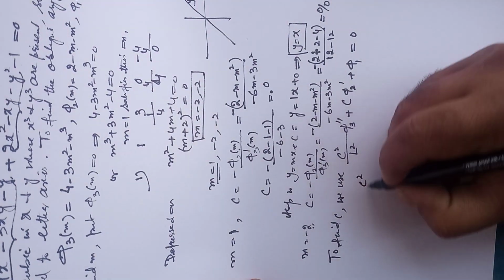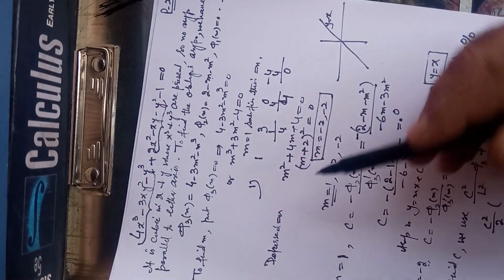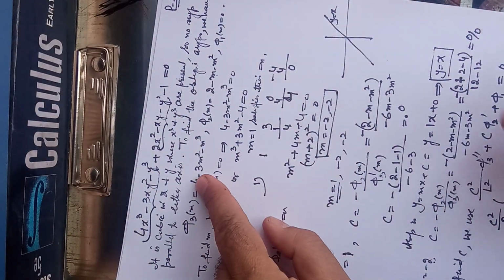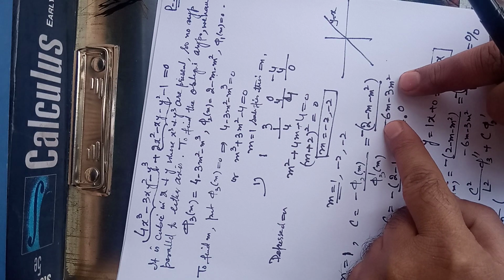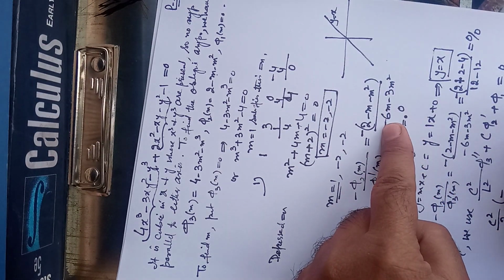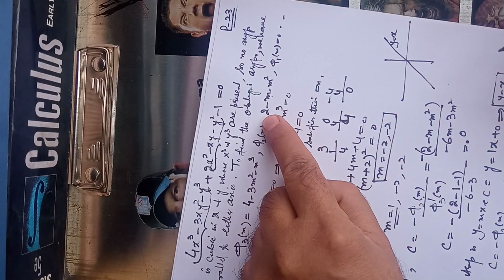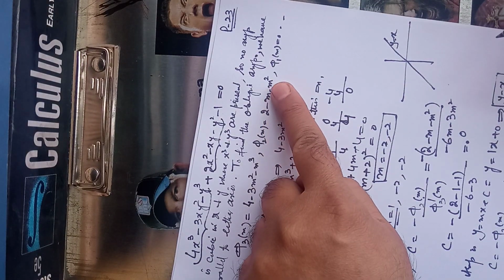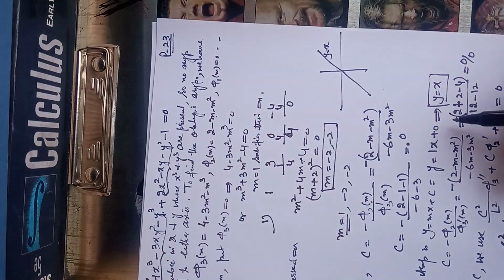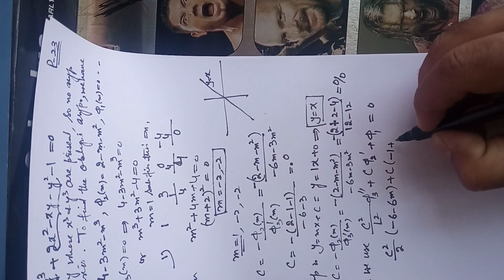Now c square by factorial 2 is c square by 2. Phi 3 double dash: see, this is your phi 3, this is your phi 3 dash, minus 6m minus 3m square, and phi 3 double dash will be minus 6 minus 6m, plus c phi 2 dash. This is your phi 2, 2 minus m square. So phi 2 dash will be minus 2m.